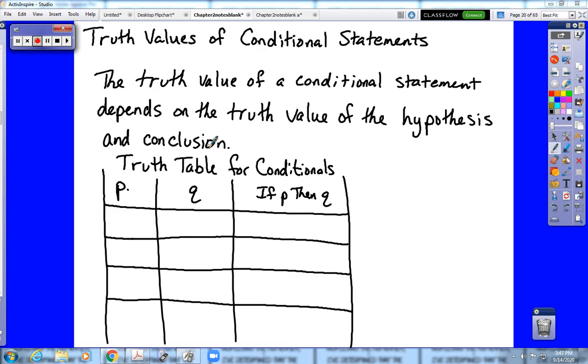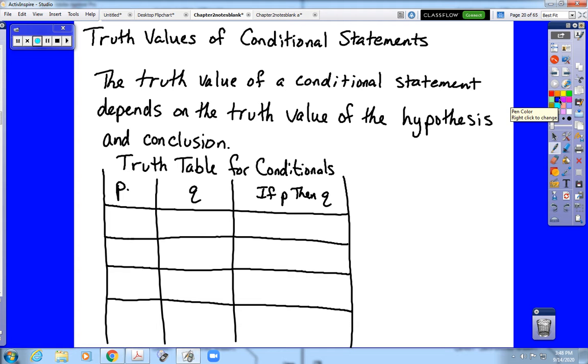So when we talk about a conditional statement, and again that's the statement if P then Q, the truth value of that statement is based on the overall truth value of the hypothesis P and the conclusion Q. So if we look at the possible combinations for the truth values of the hypothesis and conclusion, there are only 4 ways that can play out, which allows us to create this idea of a truth table that will show us every possible outcome, every possible interaction in terms of truth value for the hypothesis and conclusion of our conditional statement.